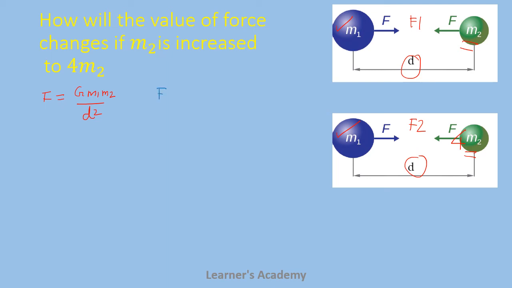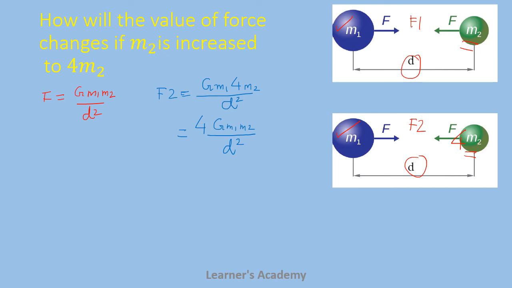Now F2 is equal to G m1, and now m2 is 4m2. Whatever the value was, now it has become 4 times. So we have this. Now if mass 2 is increased to 4m2, we can also write this equation as 4 G m1 m2 divided by the square of the distance between the two.